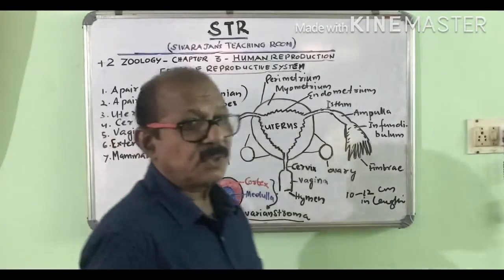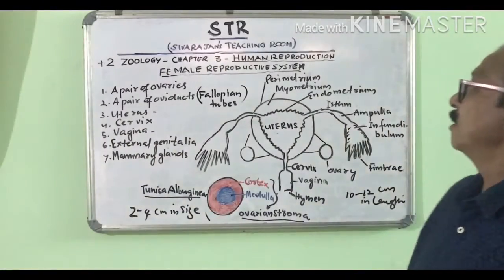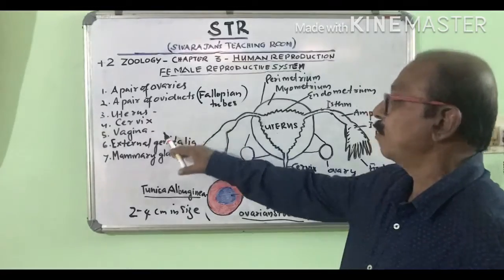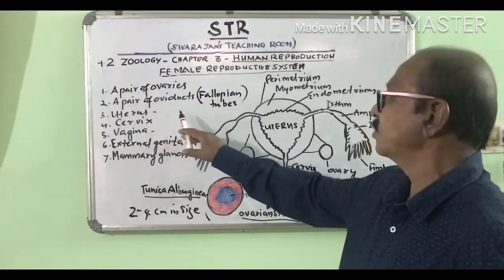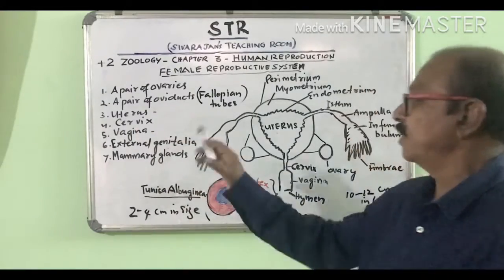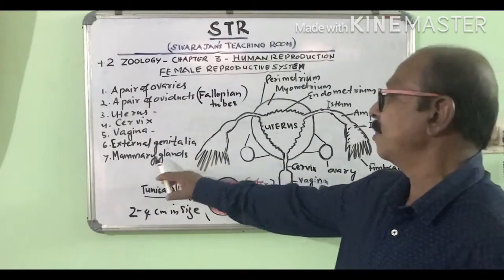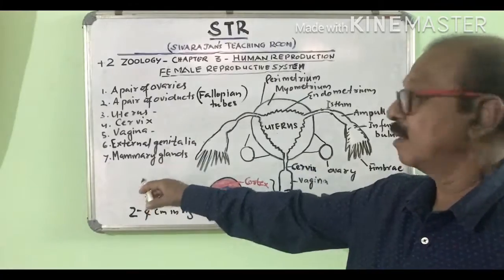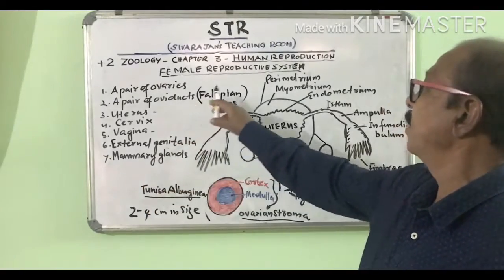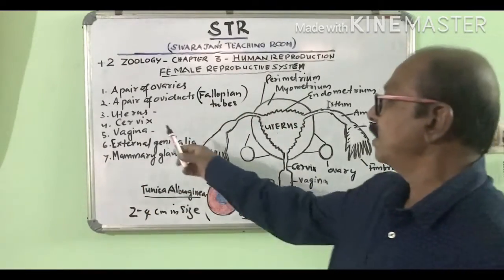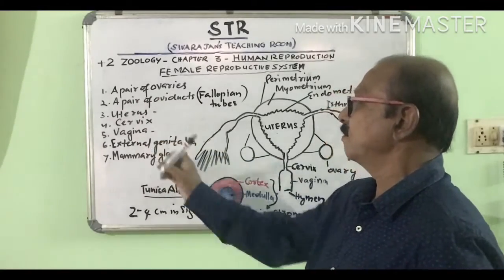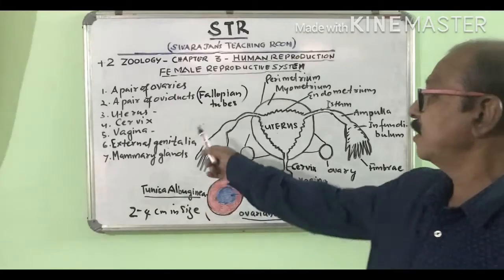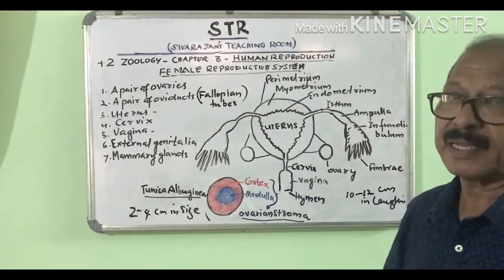So in this episode we wind up at this point, having discussed the different parts of the female reproductive system: a pair of ovaries, a pair of oviducts, uterus, cervix, vagina, external genitalia and mammary glands. These are the 7 parts of the female reproductive system, and out of this we have seen a pair of ovaries, a pair of oviducts, uterus, cervix and vagina. The external genitalia and mammary glands we will see in the next episode.